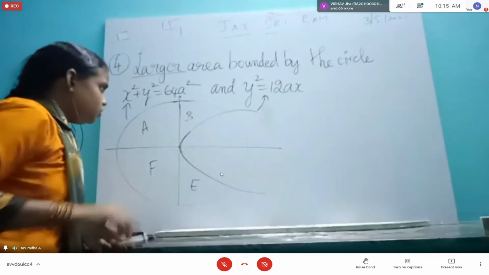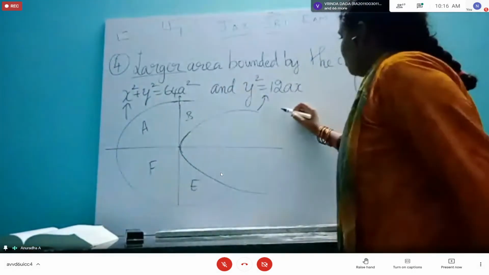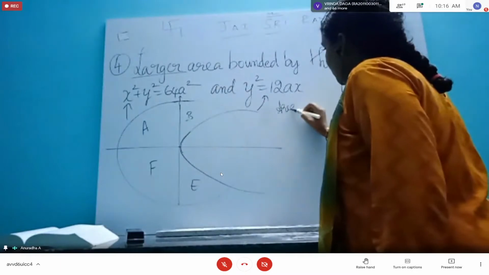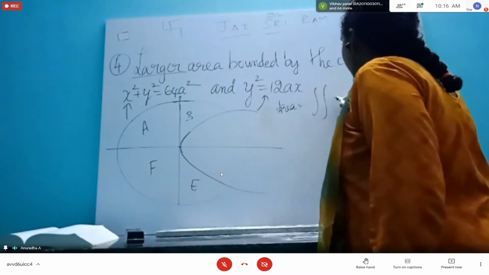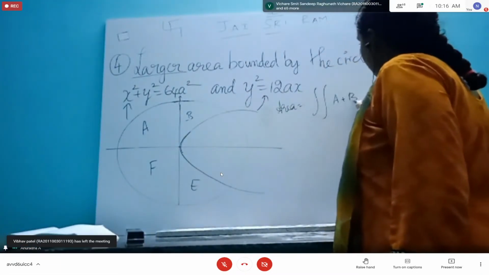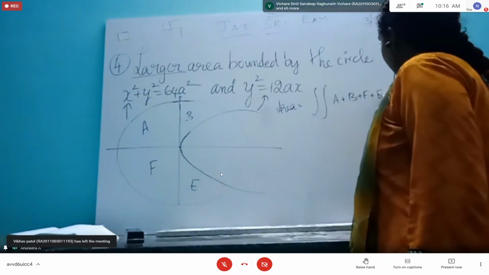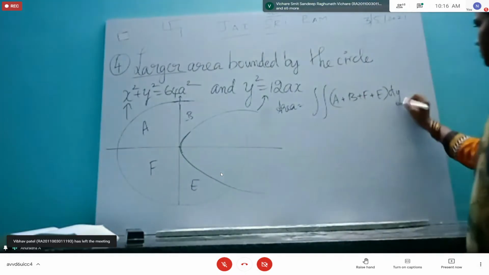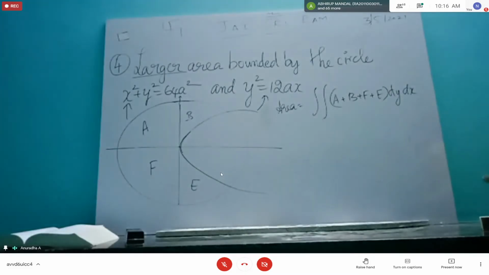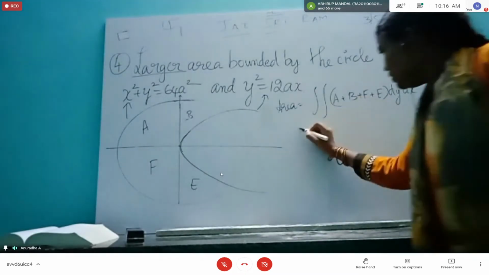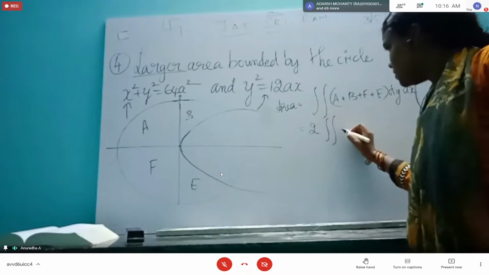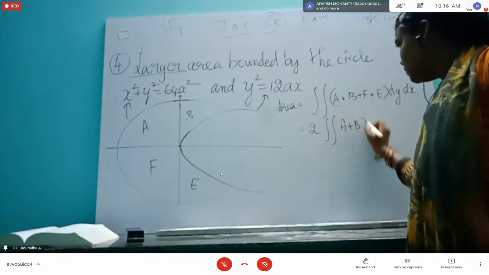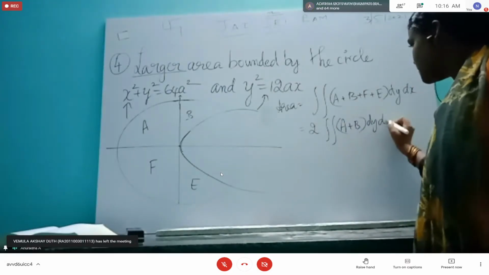Okay, so what we can do is, if you don't want to get confused, you can write area equal to double integration over A plus B plus F plus E dy dx. For you, not to get confused. So this can be written as 2 times integration A plus B dy dx.